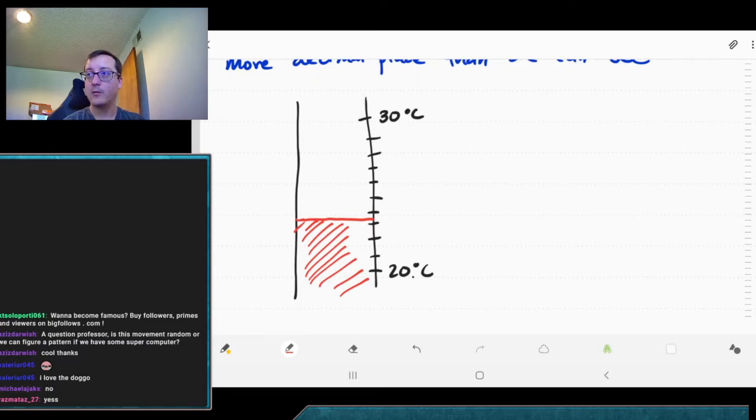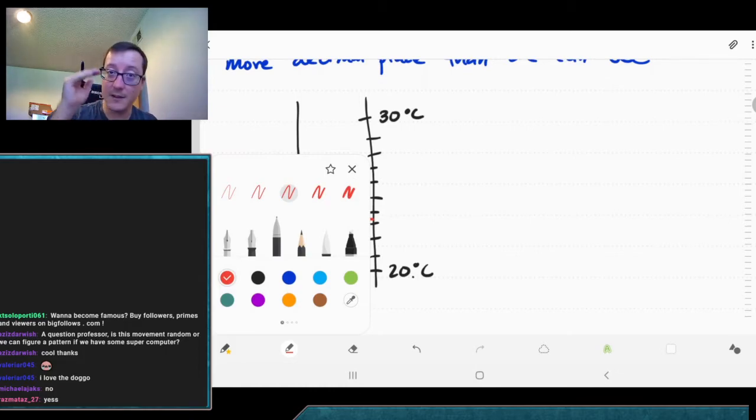So, we see in this thermometer that we have graduations, or little increments, of 1 degree Celsius, right? We can see 21, 22, 23, 24.